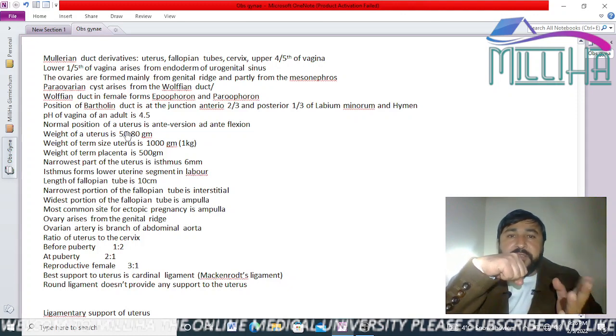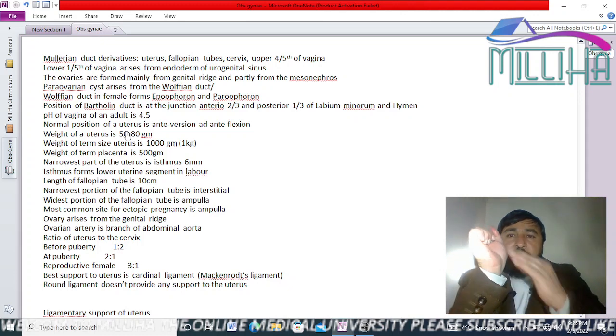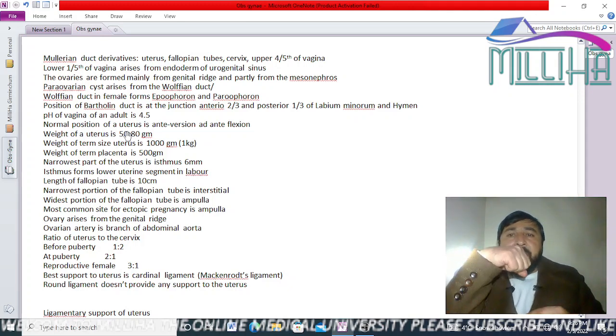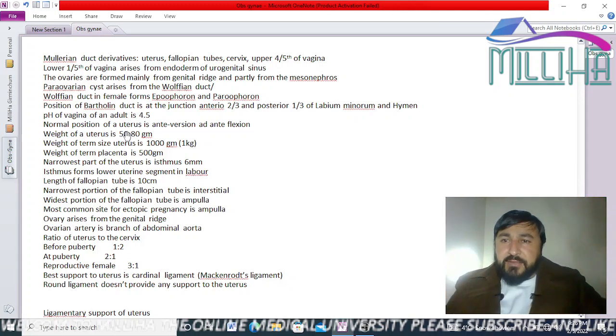Okay, anteversion: forward, anterior, to the front. And retroversion, if the uterus is backwards like this, it is called retroversion. So it's not normal. What is normal is anteversion and anteflexion. Thank you, and we will discuss these points further.